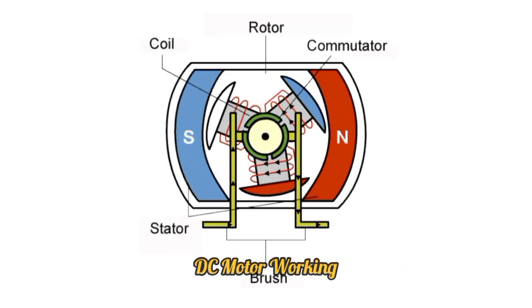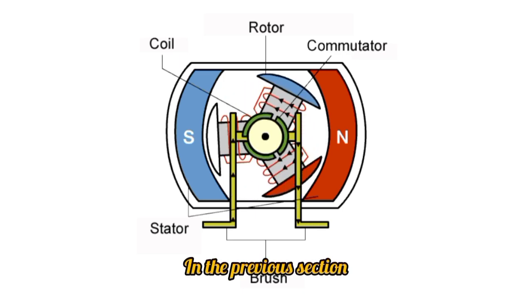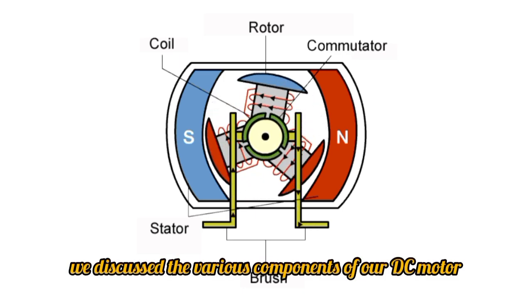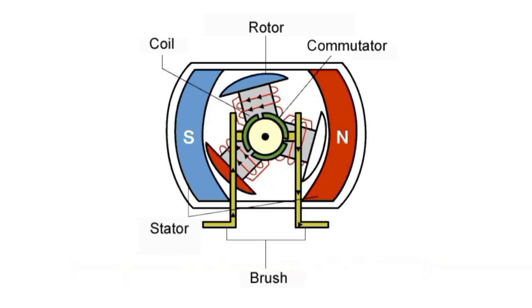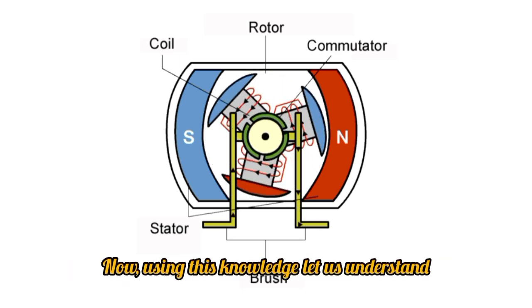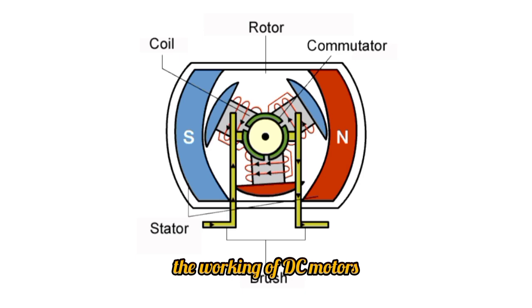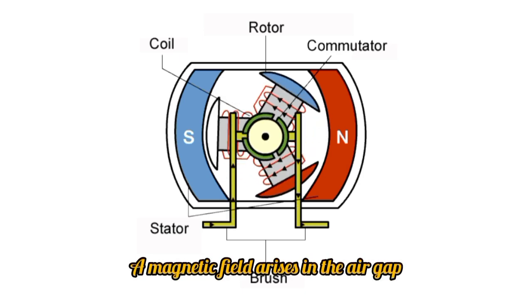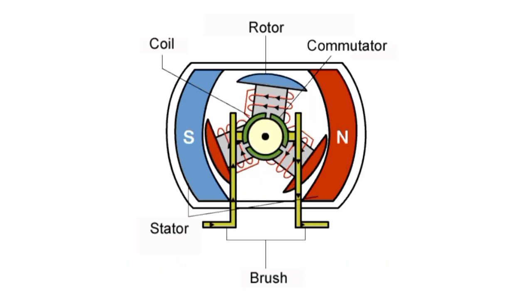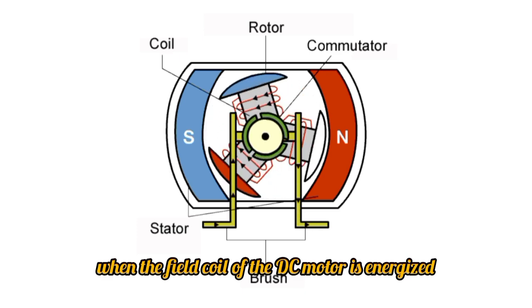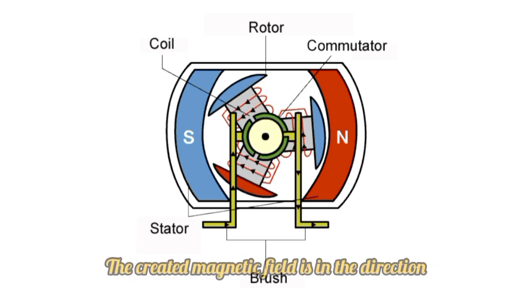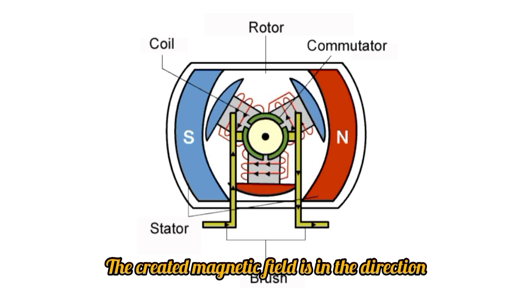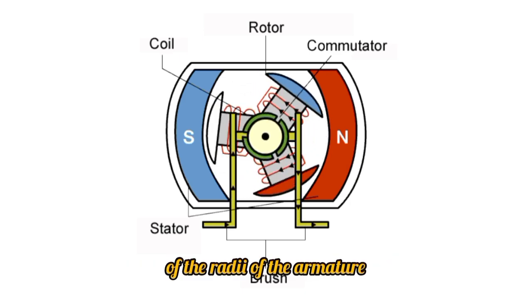DC motor working. In the previous section, we discussed the various components of a DC motor. Now, using this knowledge, let us understand the working of DC motors. A magnetic field arises in the air gap when the field coil of the DC motor is energized. The created magnetic field is in the direction of the radii of the armature.